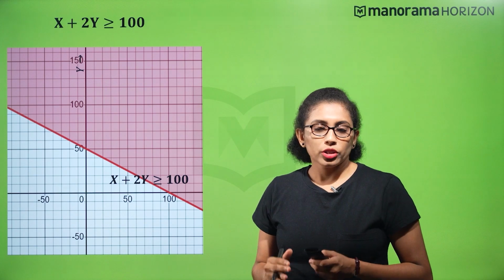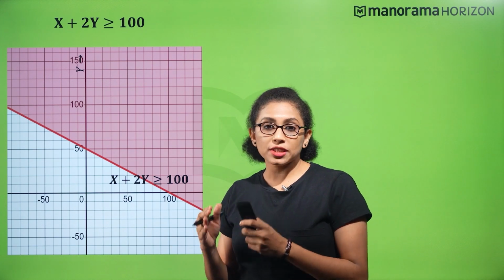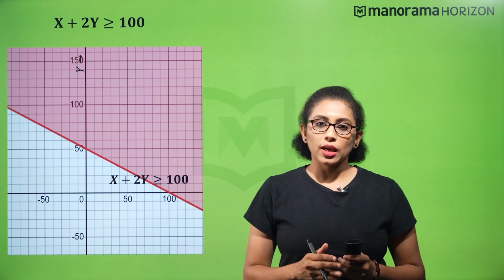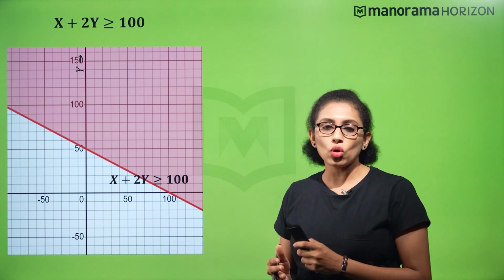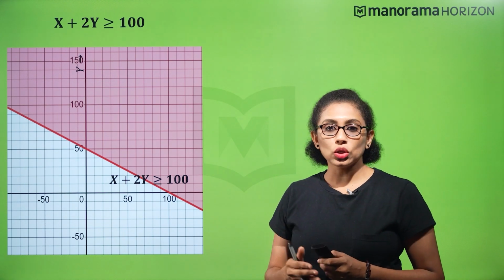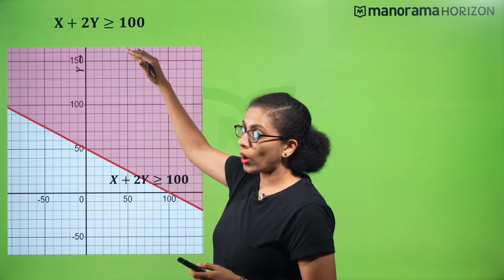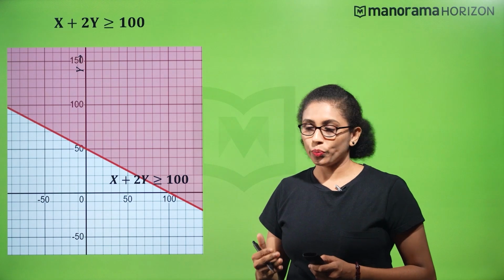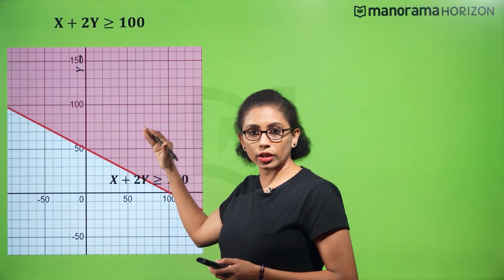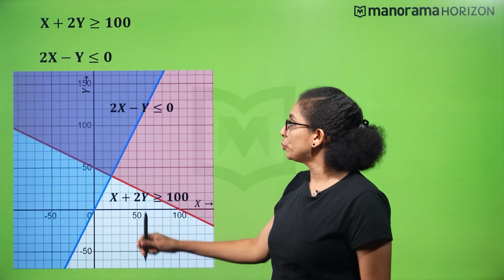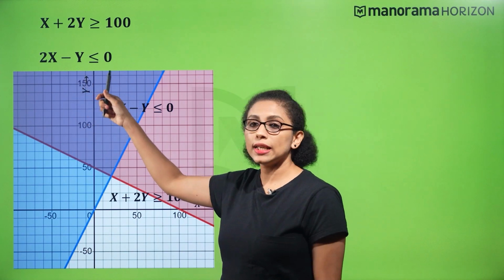Let's see the solution. To maximize z equal to x plus 2y subject to the constraints x, y greater than or equal to 0, x plus 2y greater than or equal to 100, first we have to plot x plus 2y greater than or equal to 0, and it's shown here. Now second, we have to plot 2x minus y less than or equal to 0.